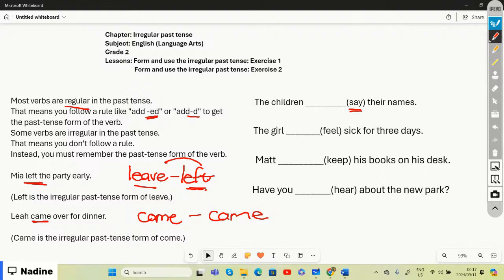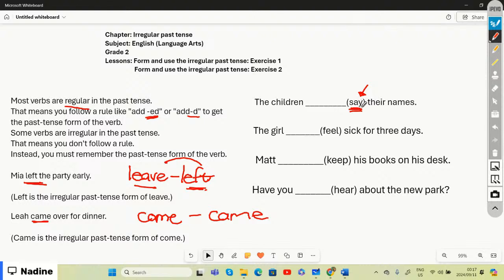If you were to say that in the past tense, what do you think is the word say in the past tense? Say this whole sentence in the past tense. Now we can say the children say their names, but yesterday, the children, their names.